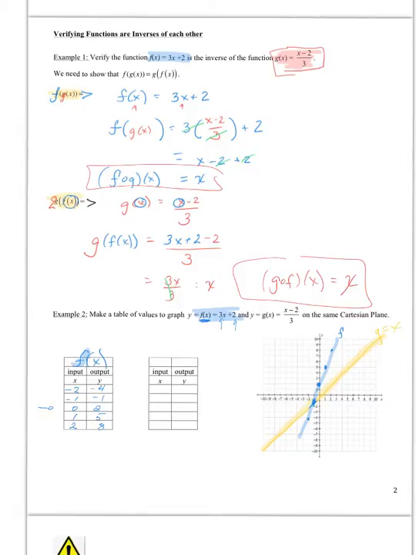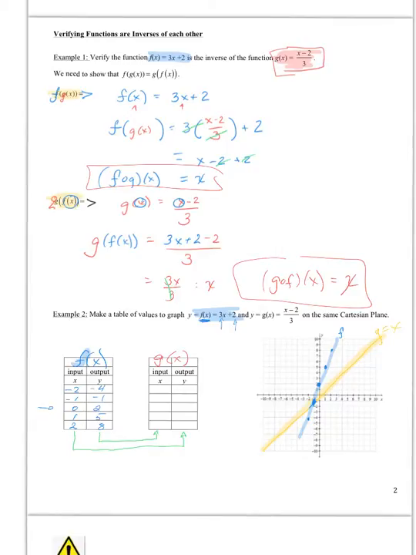Now, knowing what we know about the relationship between the domain and the range of a function and the domain and the range of its inverse, if I were to take the function g of x, I know that the domain of f becomes the range of g, and the range of f becomes the domain of g. So we're interchanging the x and the y values.